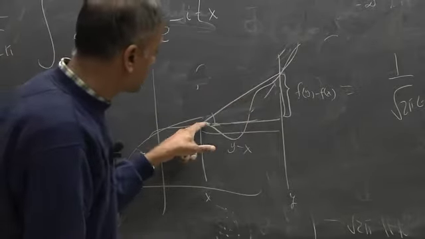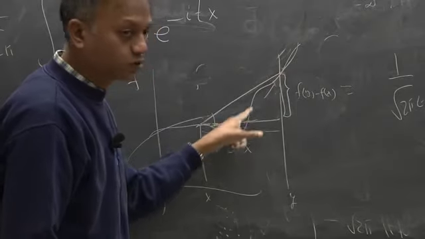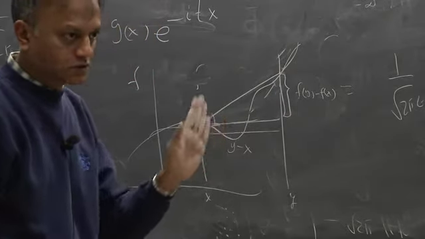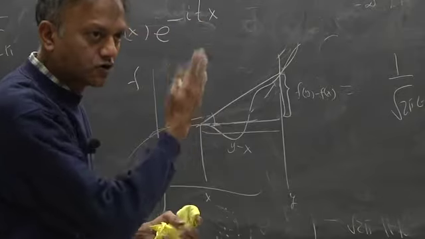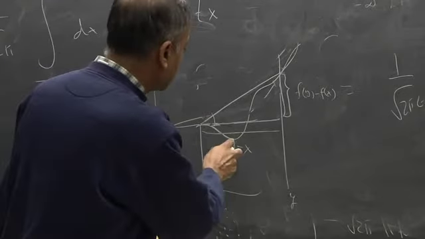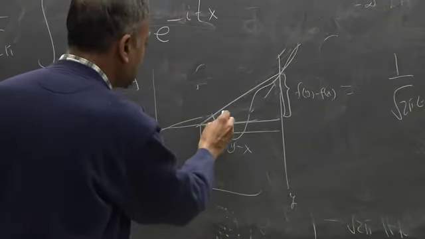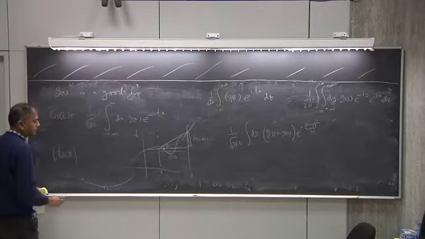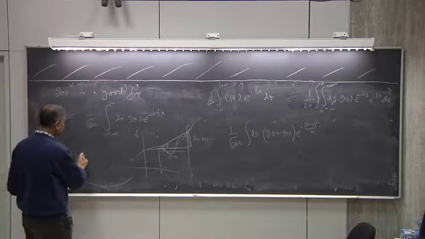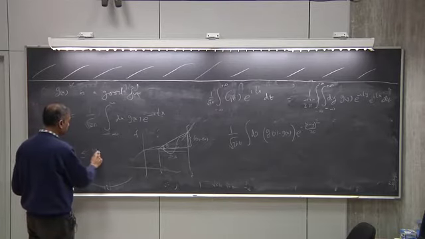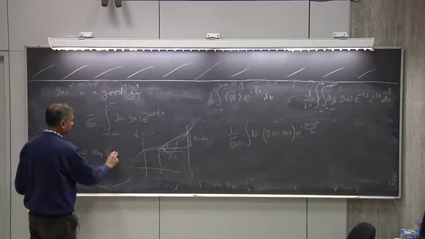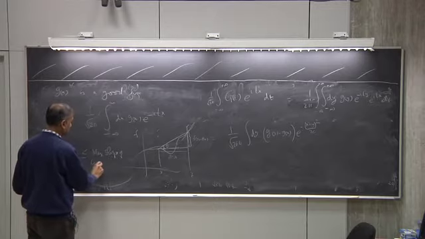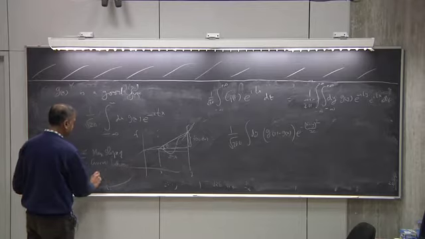If you take this curve and look at the maximum slope, the slope is the tangent you draw. Let's call this angle theta. The absolute value of tan theta is going to be less than or equal to the maximum slope of the curve between x and y.